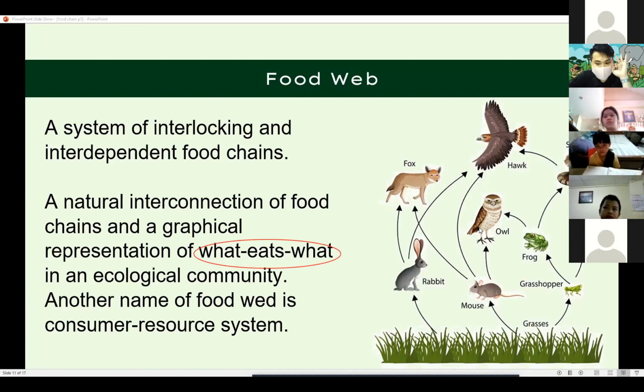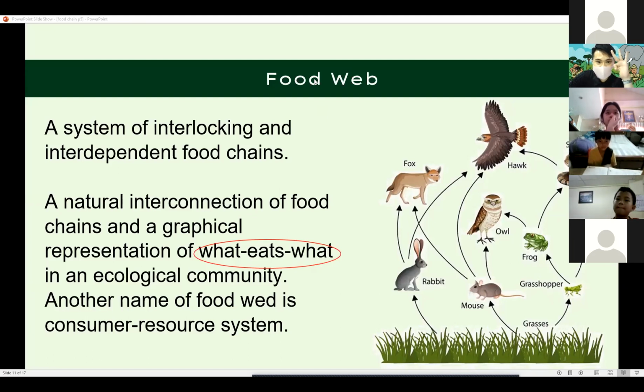You understand? Yes. Another, grasshopper. Grass, grasshopper, frog, owl. 1. Grass, grasshopper, frog, snake. 2. Snake, hawk. 2. Grass, grasshopper, bird, snake, hawk. 3. You understand?